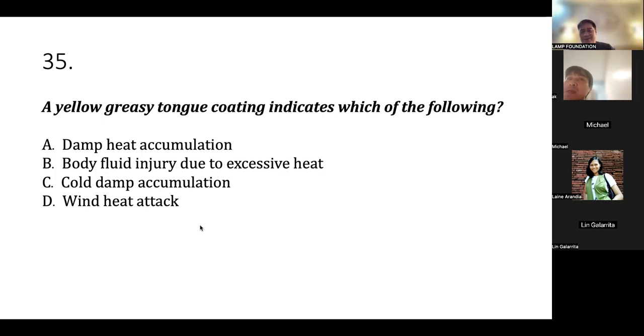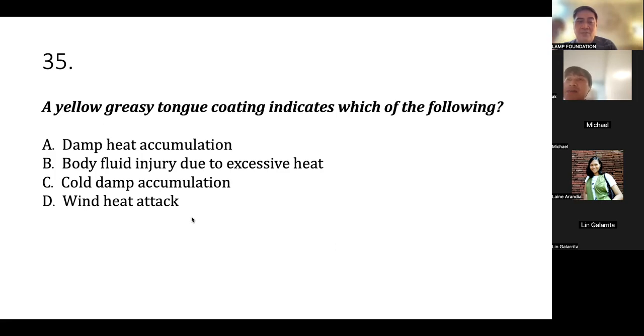Moist or dry? Moist, Doc. Kung damp, ano yung quality ng coating? Thick. Makapal, Doc. Sure? Slippery. Sticky or slippery, di ba?